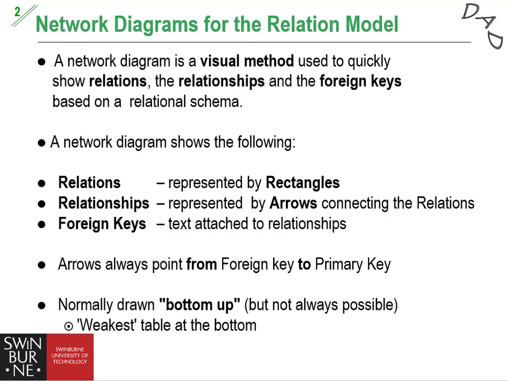So a network diagram is another diagram that we can use with the entity relationship diagram to show just the foreign keys and the entities and how these entities are related to each other with which foreign key. Basically in a network diagram we are showing three things: entities, which are represented by rectangles as we did in entity relationship diagrams, and then the relationships.